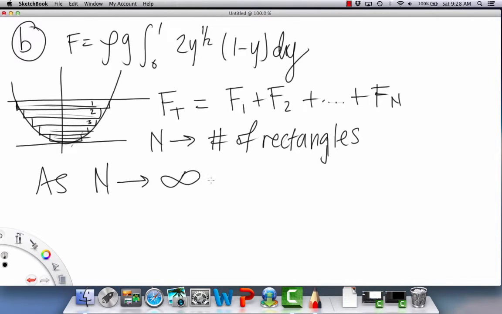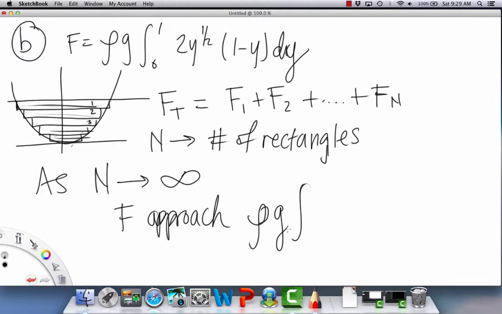So basically, as n approaches infinity, our limit is going to approach the actual value of the fluid force. So as we know, the limit of a Riemann sum is going to approach this value. So we're basically just going to get the thing on the top, right?